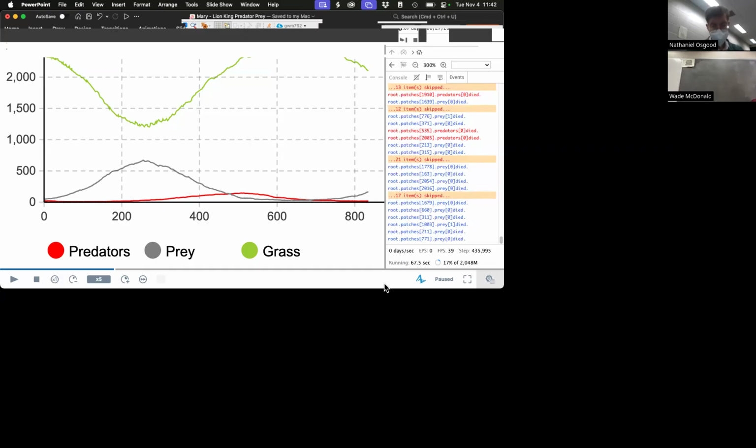At that same time, the predator population slowly rises until it also gets to the peak where the prey population is very low or at equilibrium with the predator, and then it begins to go down.